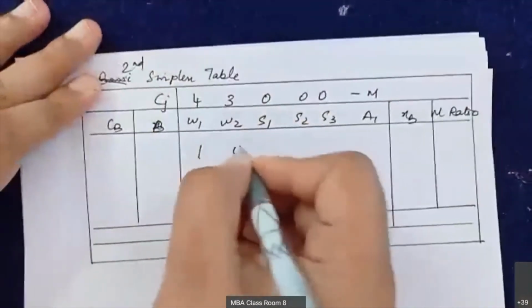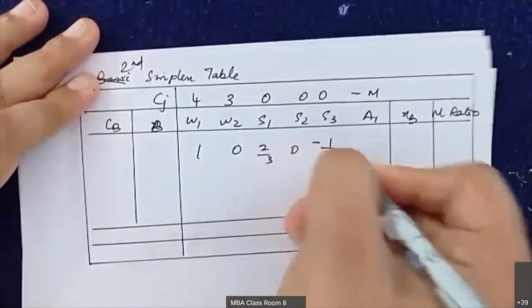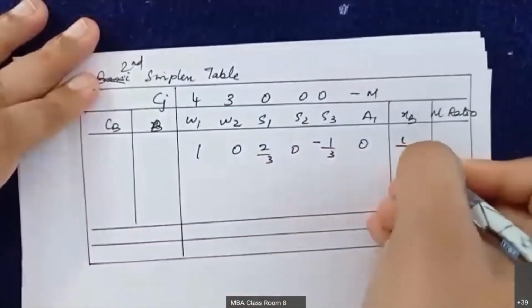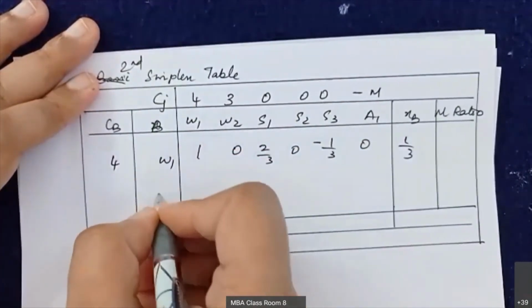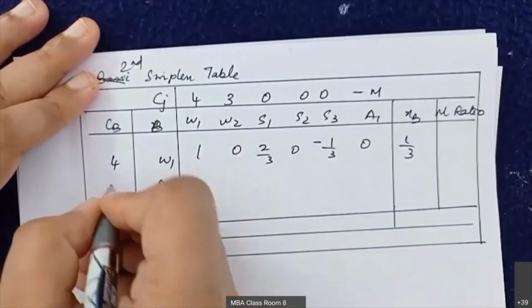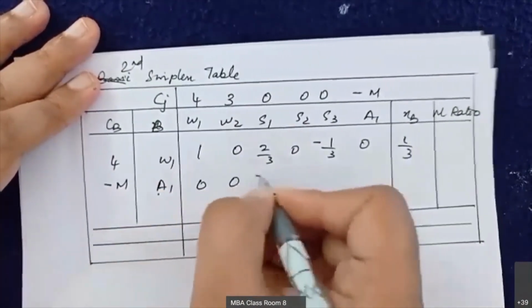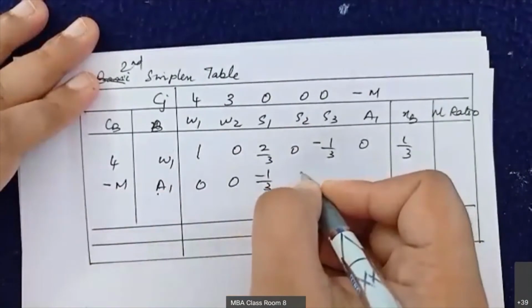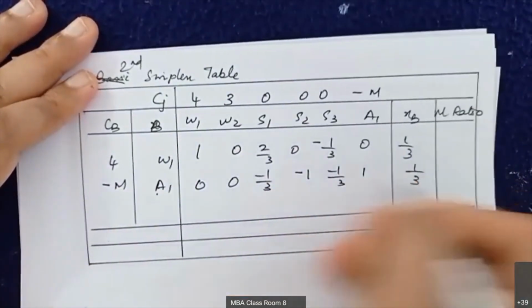Here we have 1, 0, 2 by 3, 0, minus 1 by 3, 0, and again 1 by 3. Over here I have W1 and 4. Here I have A1 and minus M. Then 0, 0, minus 1 by 3, minus 1, minus 1 by 3, 1, and 1 by 3.